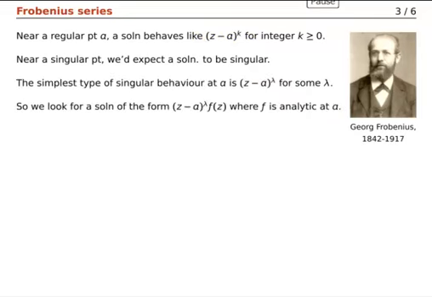But near a singular point, we'd expect a solution to be singular, and the simplest type of singularity is a function like this. It's also a power, very similar to this here, but with a non-integer power, lambda. So that's the simplest type of singular function. So we're going to look for a solution in the form of that type of singularity times some analytic function f.